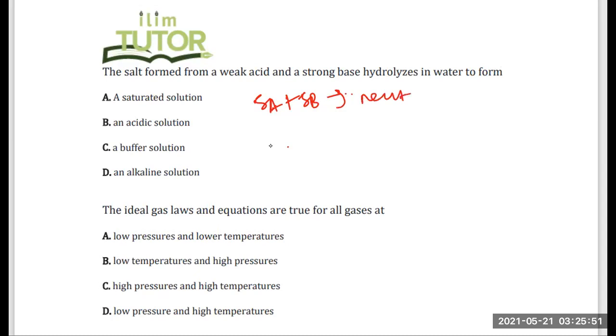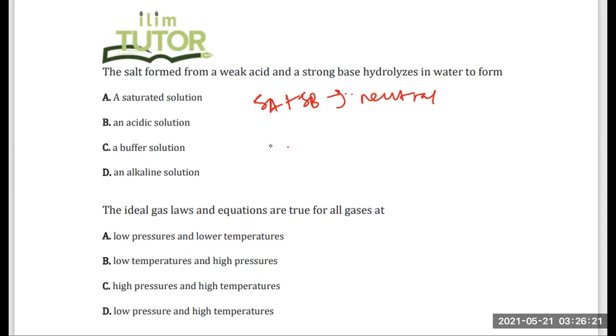Now, don't mix this up with acid salt or basic salt. No, that's not what we are saying here. Once a salt is formed between a strong acid and a strong base, if I put it in water, it will hydrolyze to form a neutral solution, meaning that if I put litmus inside, there will not be any change in litmus.